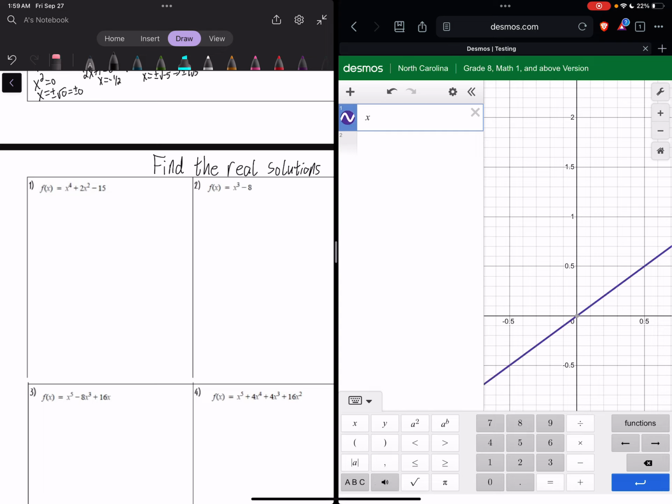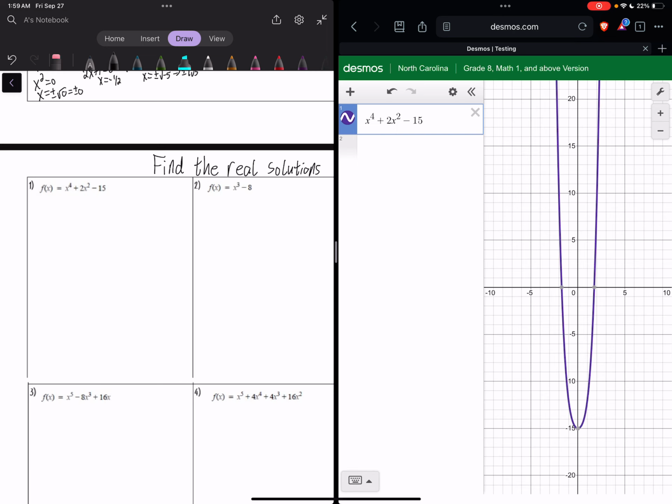Okay, so I'm going to solve these. X to the 4th plus 2x squared minus 15. Because this said find the real solutions, I do not have to factor anything just to get the answer, because I just want to know where it's equal to 0.